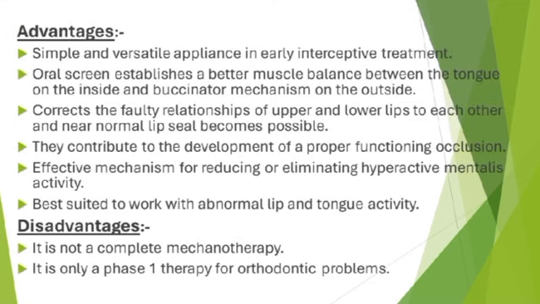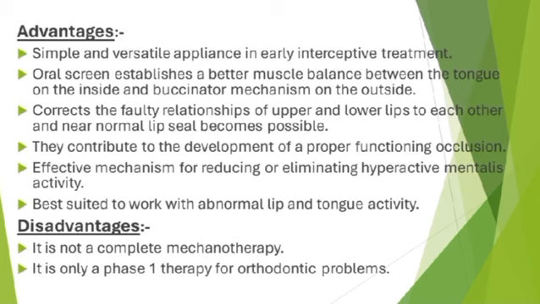Advantages: simple and versatile appliance in early interceptive treatment. Oral screen establishes a better muscle balance between the tongue on the inside and buccinator mechanism on the outside. Corrects the faulty relationships of upper and lower lips to each other and near normal lip seal become possible.